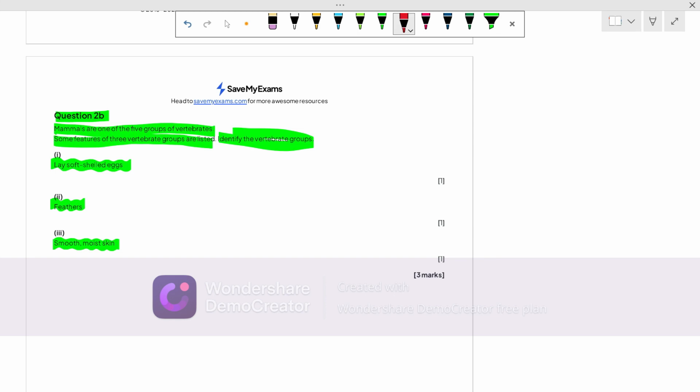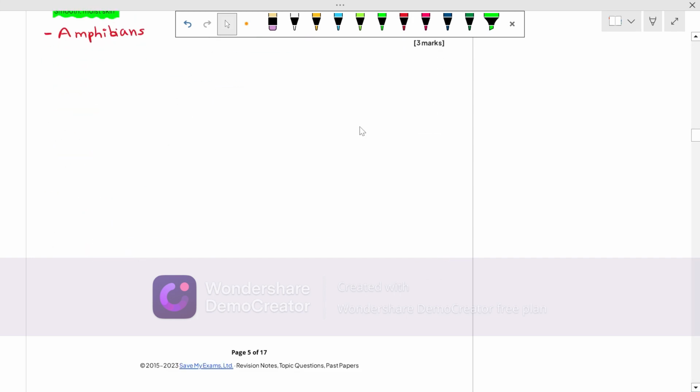Lay soft-shelled eggs are reptiles. The only vertebrate group that has feathers is birds. And amphibians have smooth and moist skin. Next question.